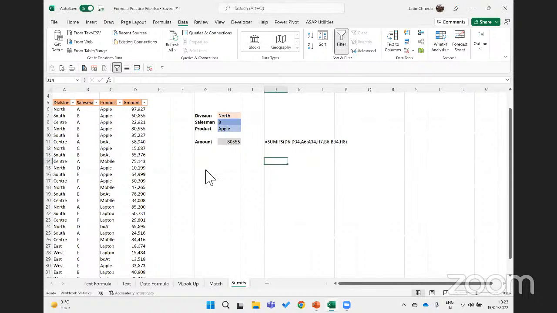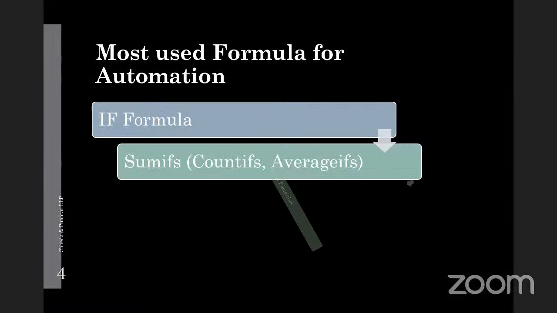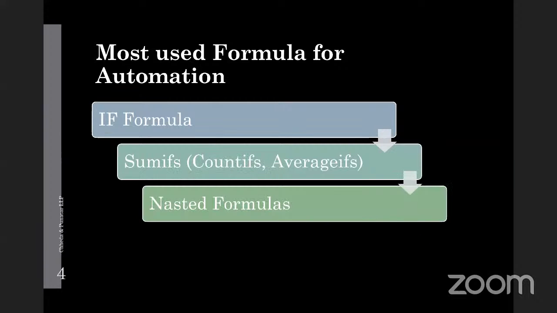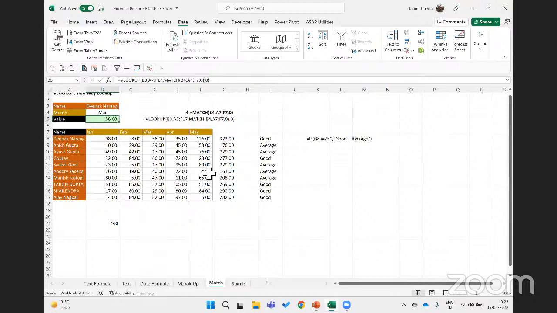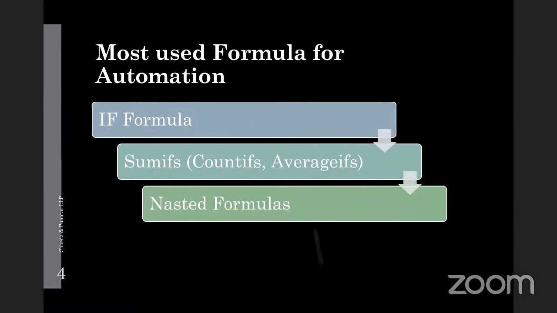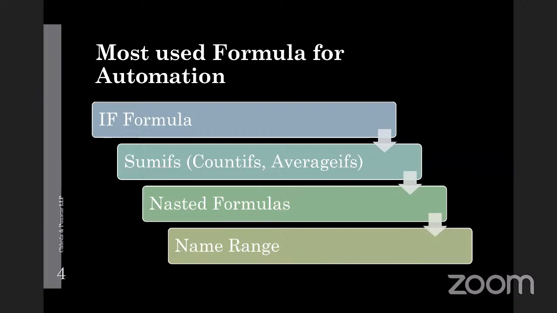Now, next is the nested formula, which we have just seen over here in the MATCH formula. When there are two or more formulas or two or more conditions, it is called a nested formula. So in SUMIF and MATCH, we have used the SUMIF nested formula and the named range.